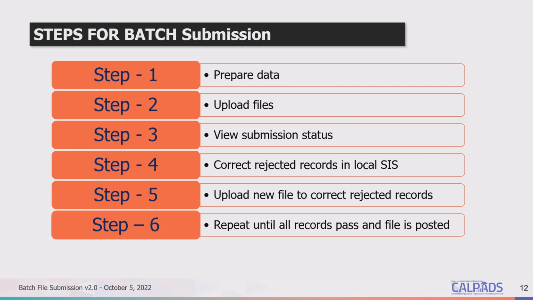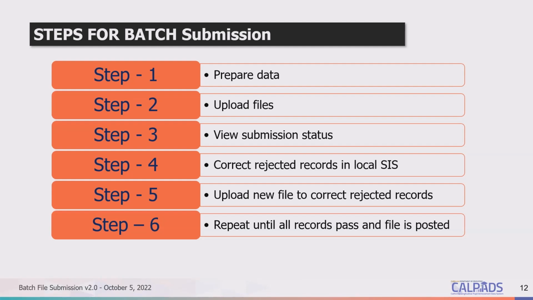So you can see this may be an iterative process. You may submit multiple files or multiple attempts at a single file. The idea is to submit a file with as few errors as possible. None if you can manage that. However, when you have a file that has failed records, you go back to your student information system, you update the data so that it will be accepted by CALPADS.